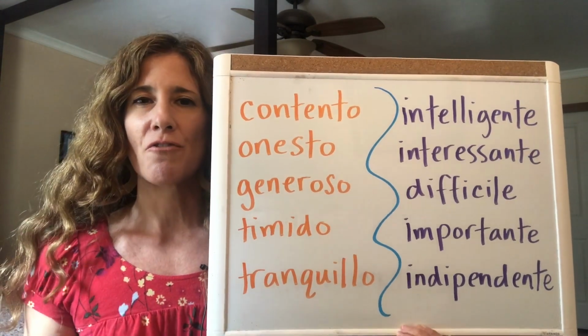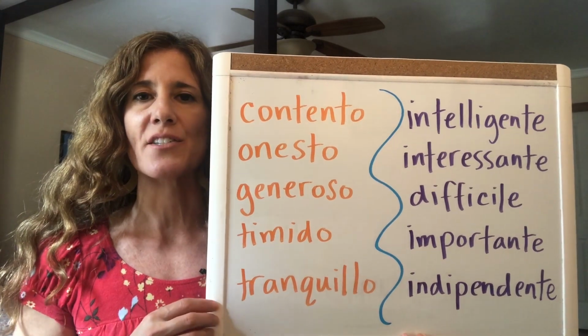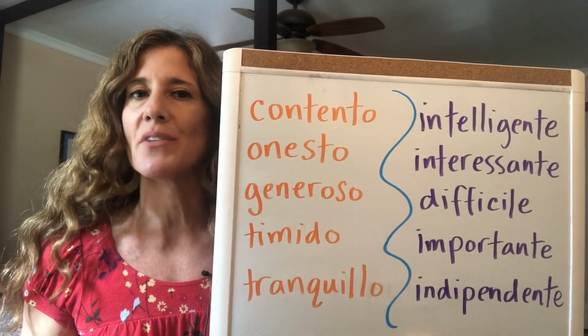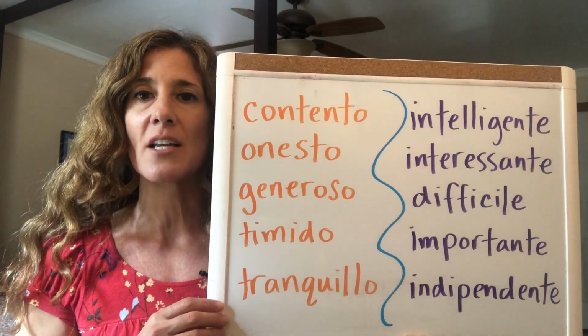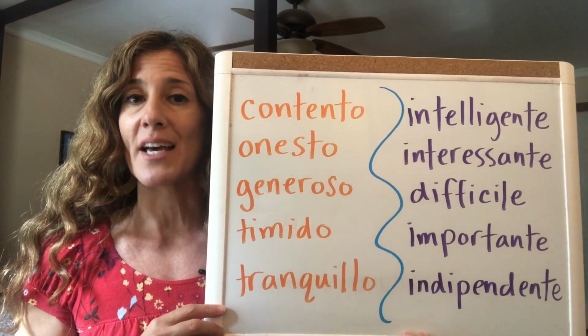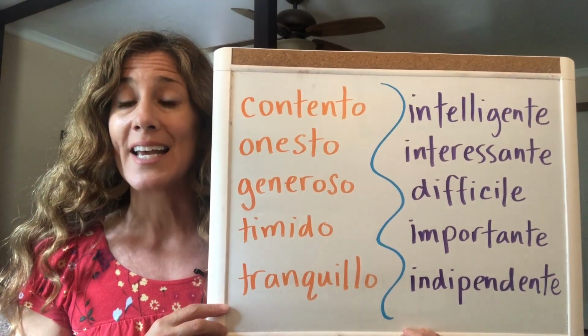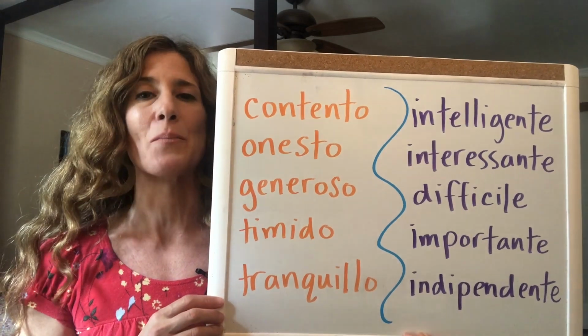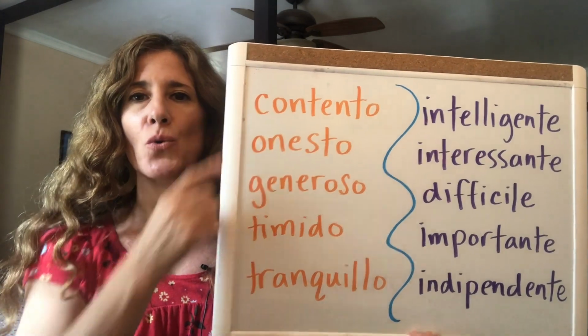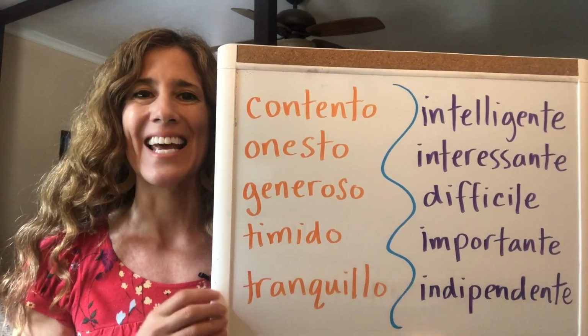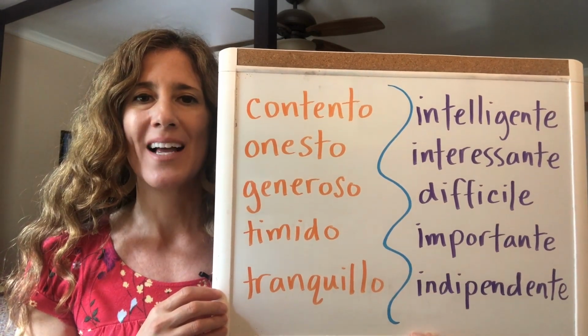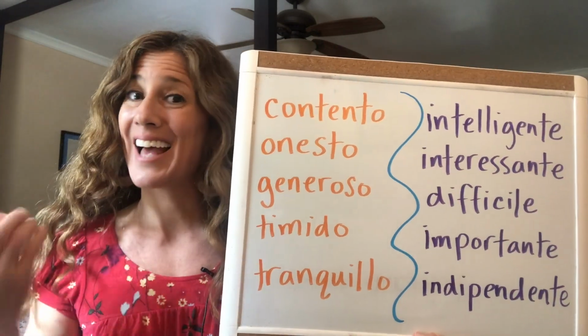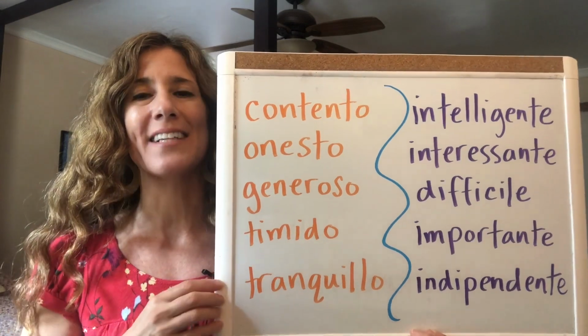But for now, let's just go through the list, and the pronunciation obviously is going to be different in Italian, but I know that you're going to be able to identify what these adjectives mean in English just by looking at them. So, numero uno, ripetete: contento. And that means happy, content, right?